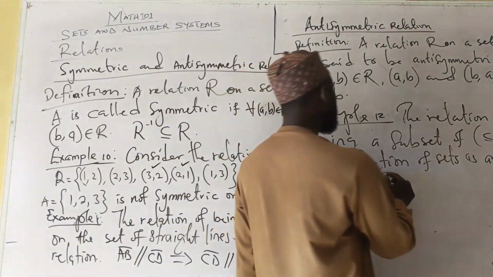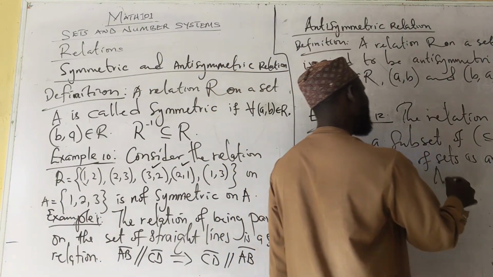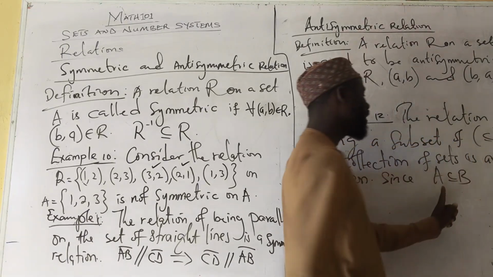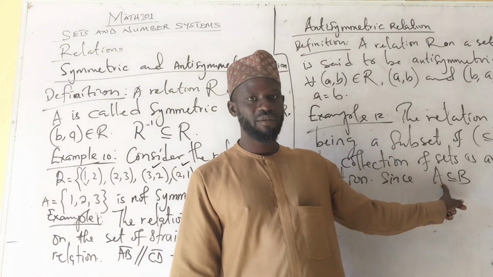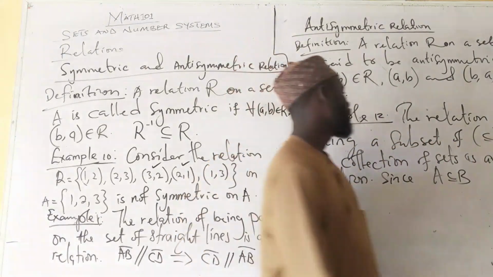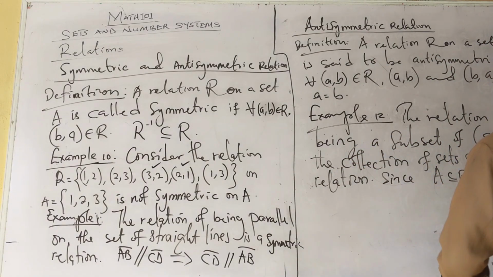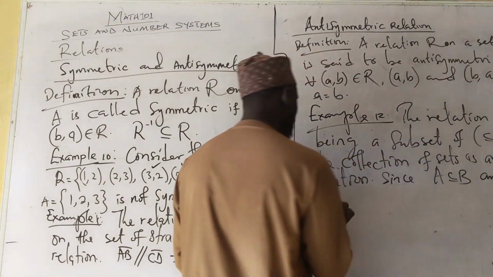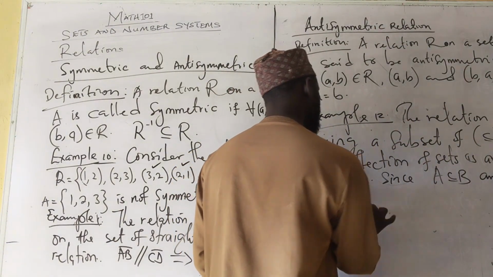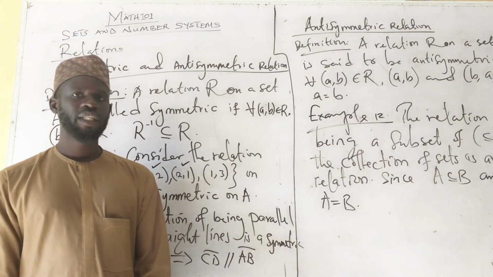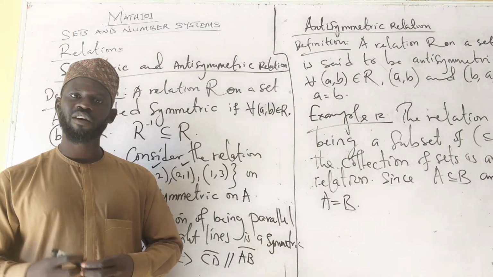How? If you have A is a subset of B for any two sets A and B from the collection of sets, so A is contained in B and B is contained in A, this implies that what? A is equal to B. It's an antisymmetric kind of relation.